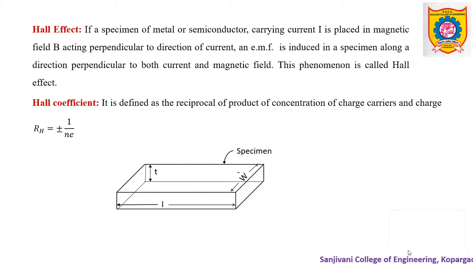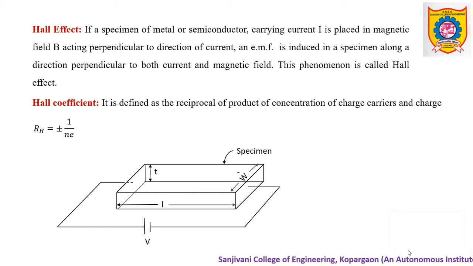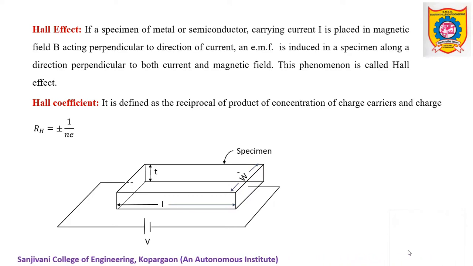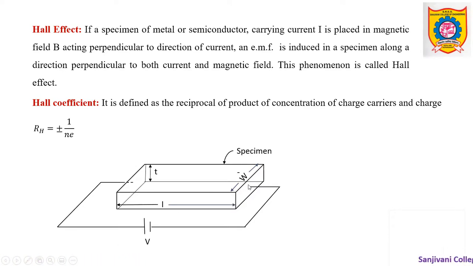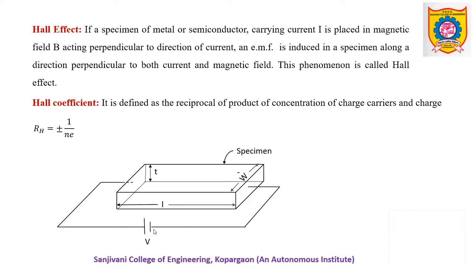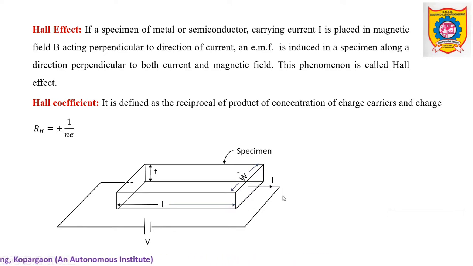So here we have that. Let V be the voltage applied externally to the specimen. This surface is connected to battery's positive terminal and this end is connected to battery's negative terminal. Okay. So because of this, there will be I as current flowing through the specimen.